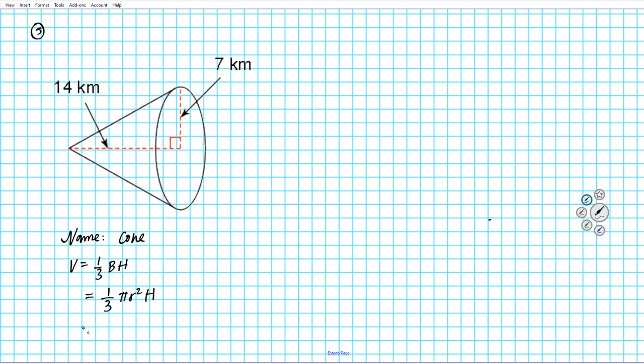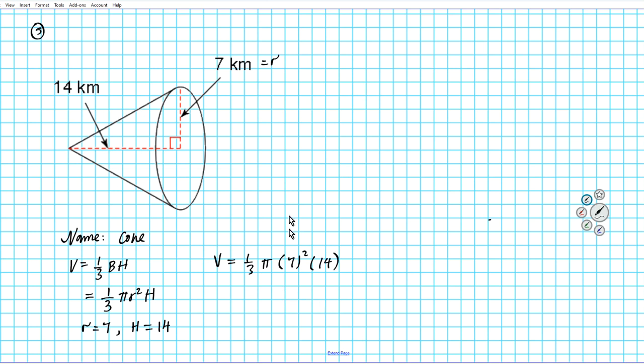Okay, so let's go ahead and figure that out. In this particular setup that we have, the radius is 7 and the perpendicular distance from the base, the circular base, to the peak or apex is 14. All right, so plug that into the volume formula. Volume is 1/3 times pi times the radius squared times 14.